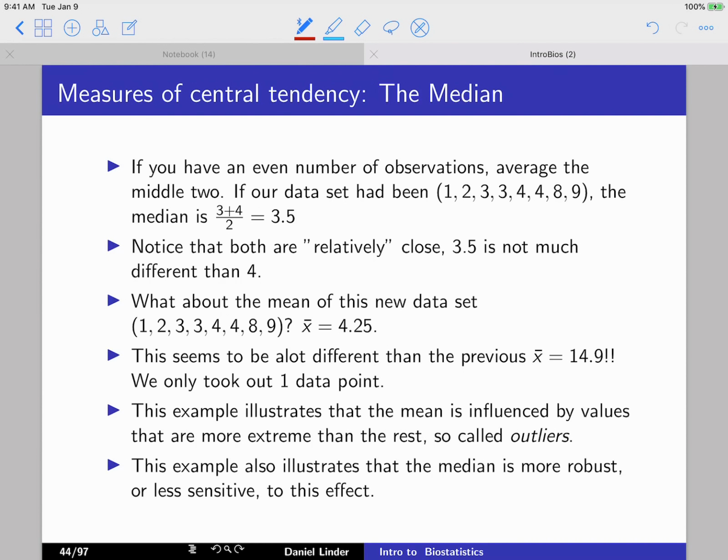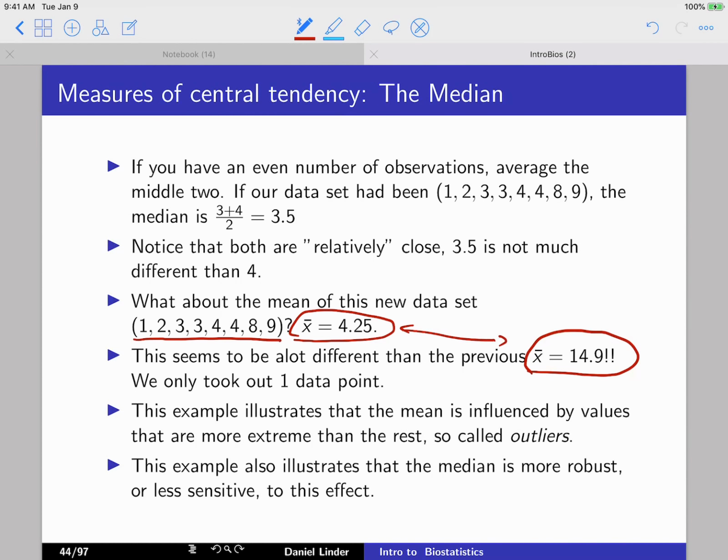So the mean of this data set, where we've deleted 100, if you actually carry out that computation, you'd get this. But the mean in the data set that had 100 in it was this. So we get a somewhat large discrepancy between these two sample means, and we only took one data point out.